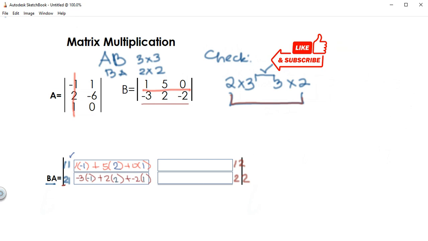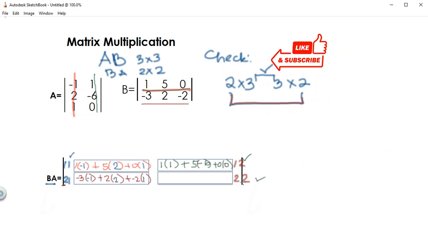All right, so let's look at the third box. It says first row, so we'll go back to the first row: 1 times something plus 5 times something plus 0 times something. Now what are those somethings? It's the second column, so we're going to the second column now: 1, -6, and 0.